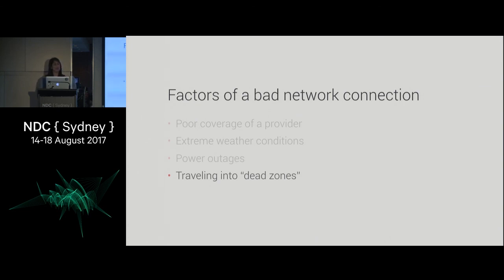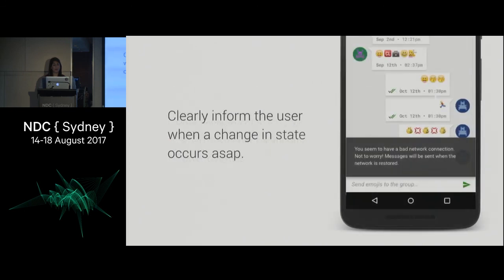So your goal is to provide a good experience that lessens the impact of this internet connection. So here are some tips. What we could do first is we clearly inform the user when a change in state occurs, and we do that as soon as possible. So inform the user what actions they can do when the internet is offline. So in this example: you seem to have a bad network connection.